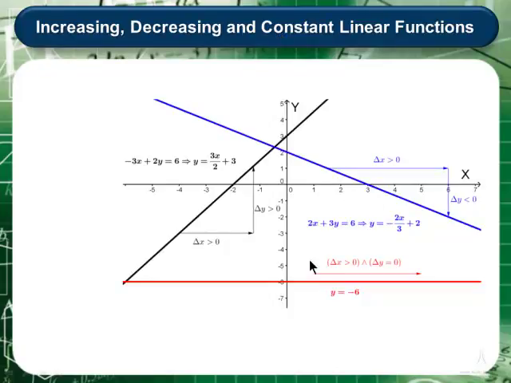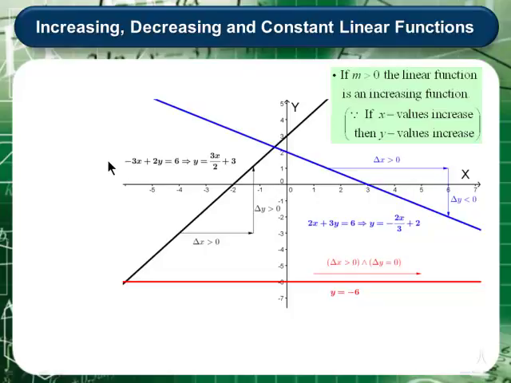What do we mean by increasing, decreasing and constant linear functions? Now I will try and discuss this with reference to the sketch. Firstly, if the gradient is positive, then we say that a linear function is an increasing function. So in other words, this black one, the gradient is positive because remember the angle is acute. Now when is it increasing?